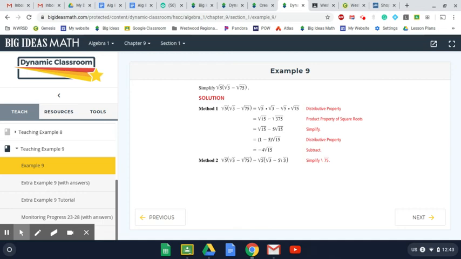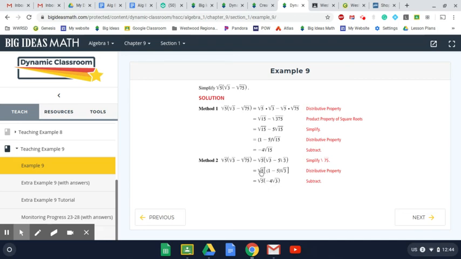So if I break up 75 to be 25 times 3, I can take the square root of 25 to give me 5 and the square root of 3. Now inside of this parentheses, these are like terms and I can combine them. We're going to look at the 1 in front of this radical 3 and the minus 5 in front of the second radical 3. They are going to be combined. 1 minus 5 is going to give us negative 4 radical 3.